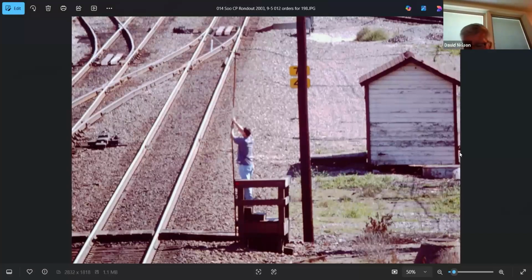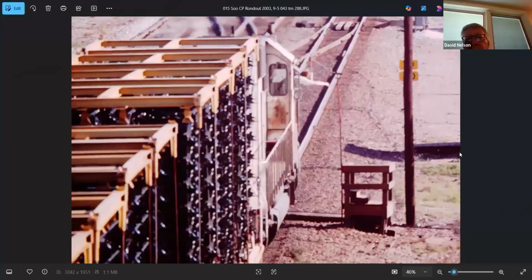They continued to hoop up orders on the CP track. This was during the CP era that these orders were being hooped up. So it was a chance to actually photograph a practice that is otherwise only seen on excursion trains and maybe some railroad museums.